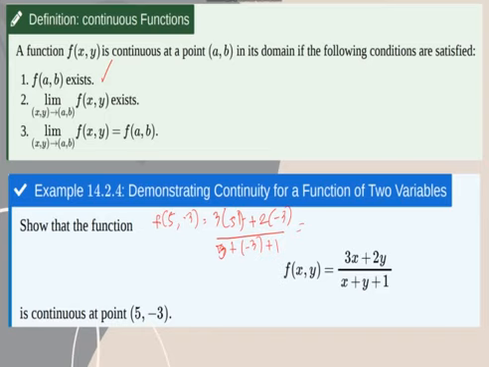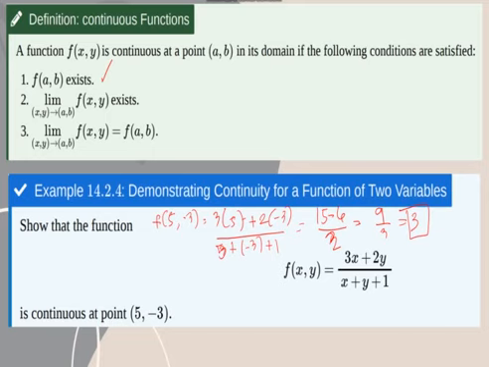This is 3 times 5 is 15. So you have 15 minus 6 over 3. So 15 minus 6 is 9 over 3. This is equal to 3.